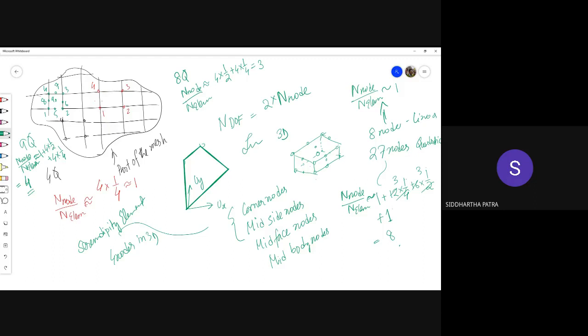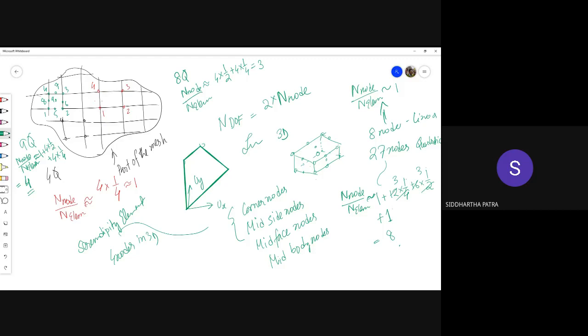What are the advantages of quadratic behavior? That has been discussed in the early classes of this course. So you get to employ quadratic behavior but with lesser computational volume. That's where the name comes from.